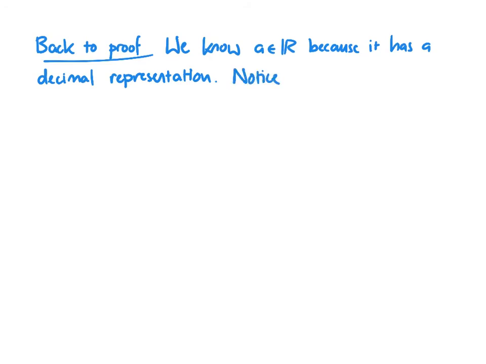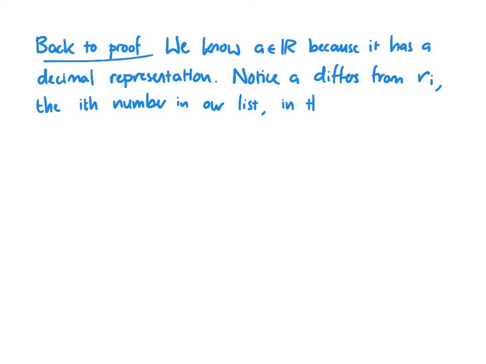So notice A differs from R sub i, the ith number in our list, in the ith decimal place. So that's the specific location where we can guarantee our number A is different from a particular number in the list.